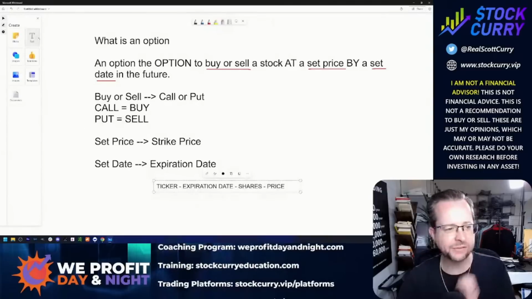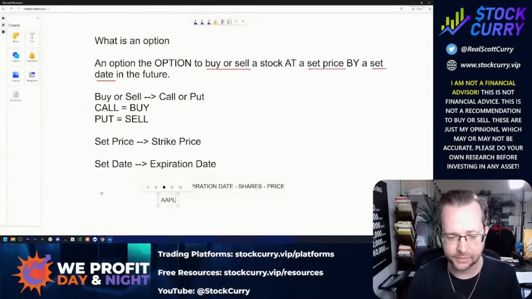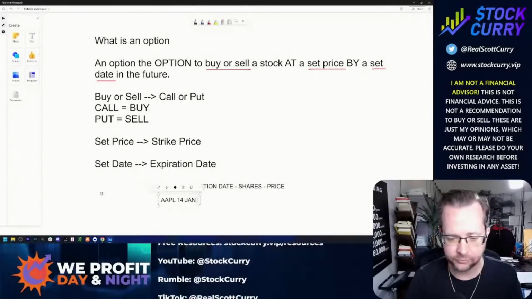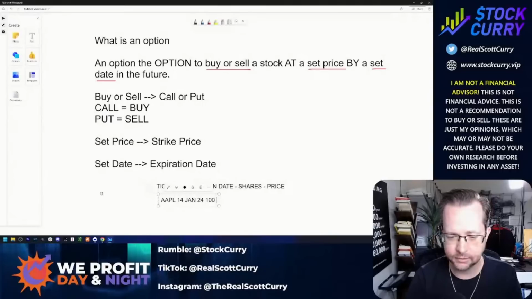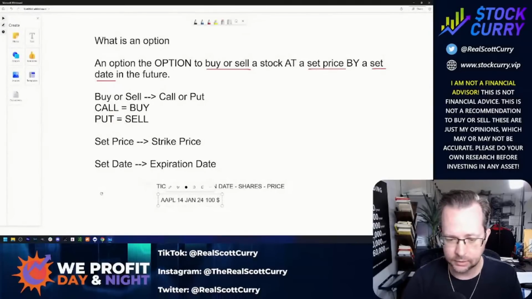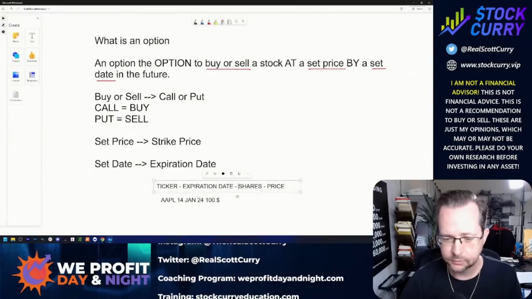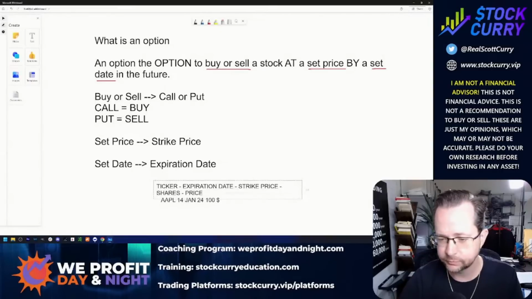All right. The way this is going to look is it's going to look something like this. AAPL, 14 Jan 24, 100. Oh, whoops. Forgot the strike price. It's actually going to be the strike price, shares, price.